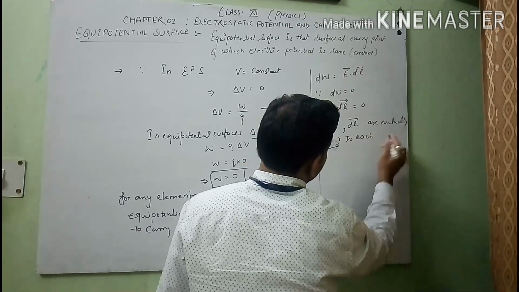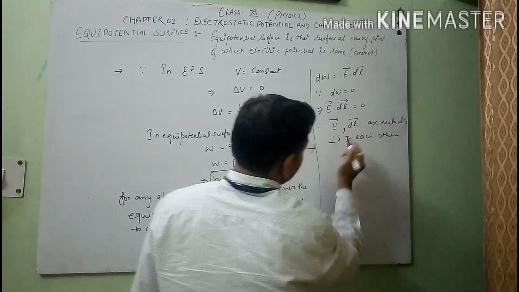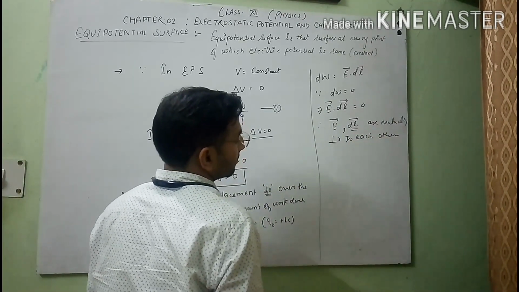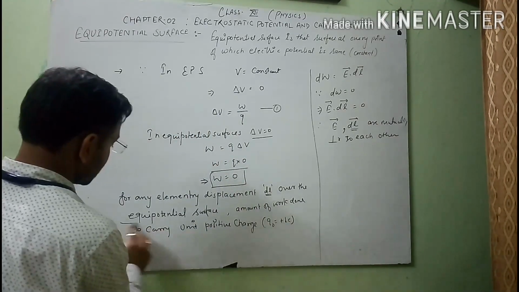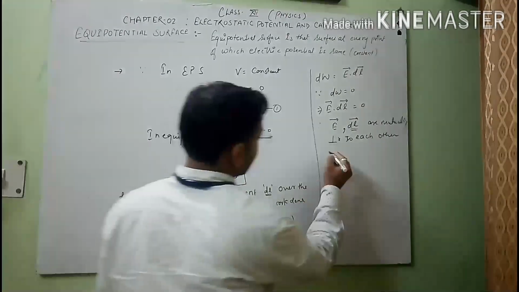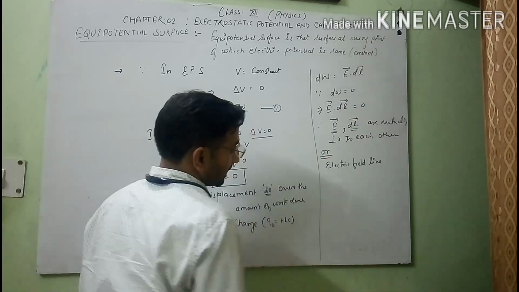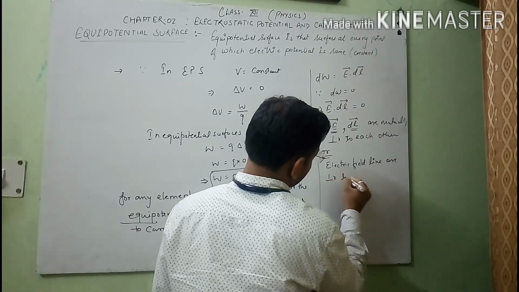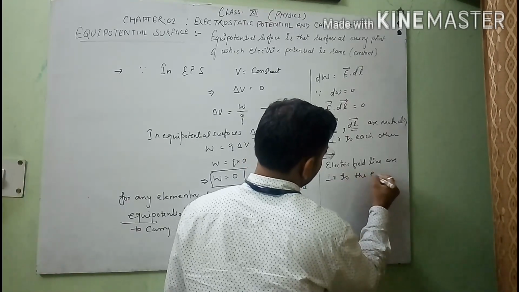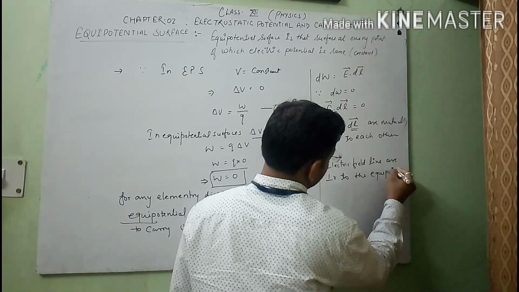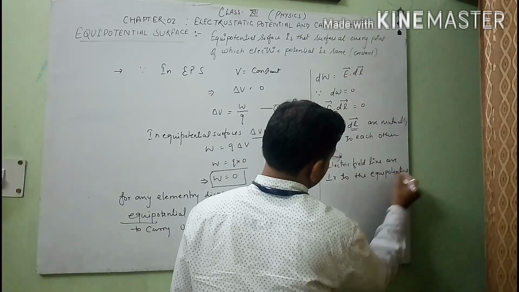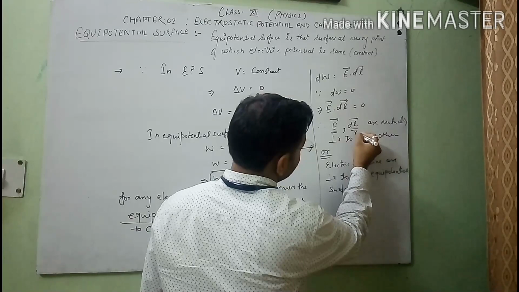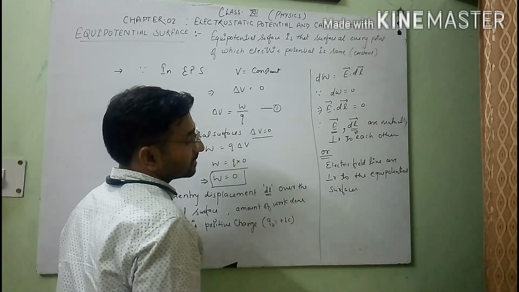On the other hand, because dl is the displacement over the equipotential surface, we can say that electric field lines are perpendicular to the equipotential surfaces. Why? Because dl is over the equipotential surface.